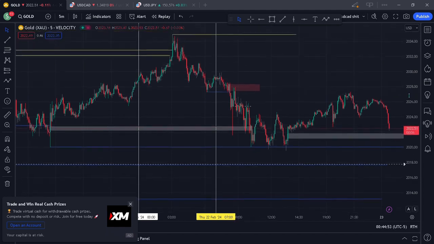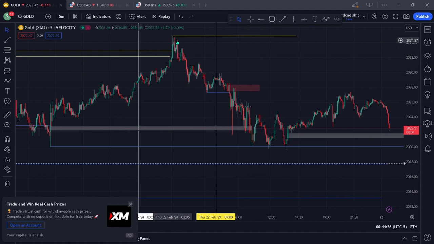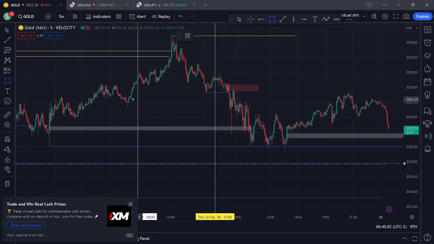Especially if I was in this trade here. I came down, and if you watched my video yesterday, I said that before we attack these highs, we might come back and hit here. But we didn't do that. Price just went straight up.